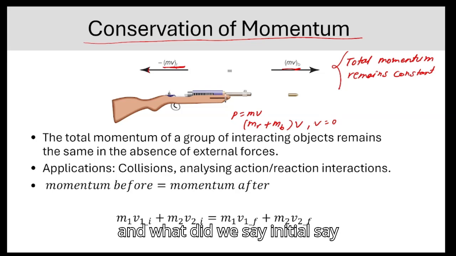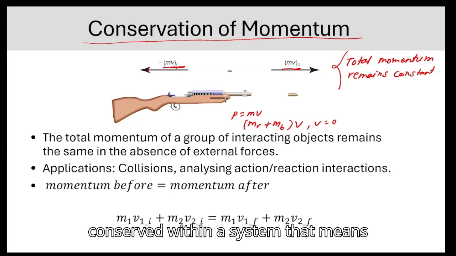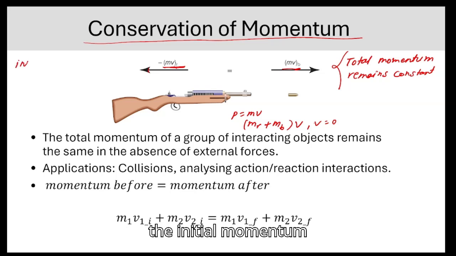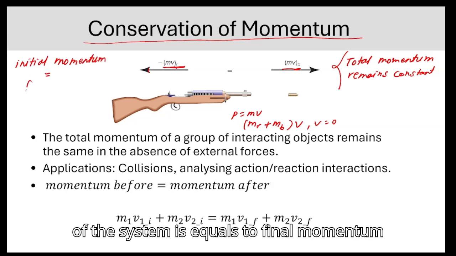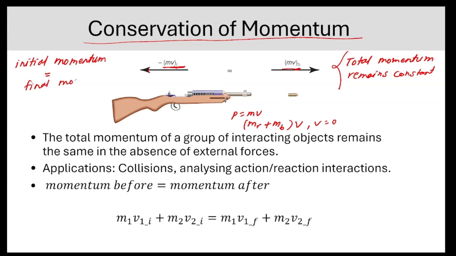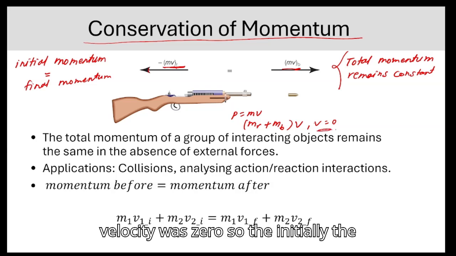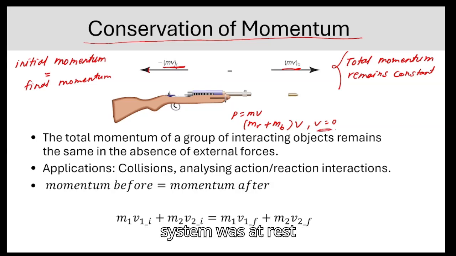What we said when we started this slide is that momentum is conserved within a system. That means the initial momentum of the system is equal to the final momentum. The initial velocity was 0, so initially the system was at rest and there was no momentum.